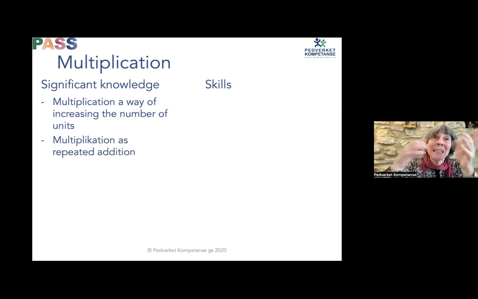That is a significant knowledge, that we multiply to increase numbers. And if we want, we can also limit this to the whole numbers, because that's also another way of getting safe and not being addressed by somebody for telling lies. And another thing is that we can understand multiplication as a repeated addition.